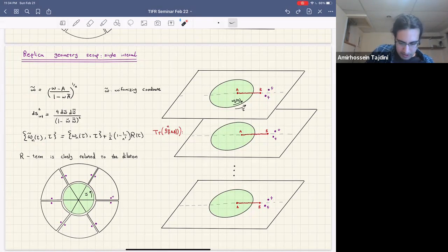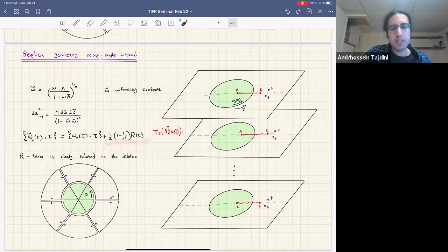In the uniformized geometry, the metric is fixed, it is hyperbolic. If you calculate the Schwarzian of this W tilde, there will be a term which is the Schwarzian of the quotient coordinate and time.